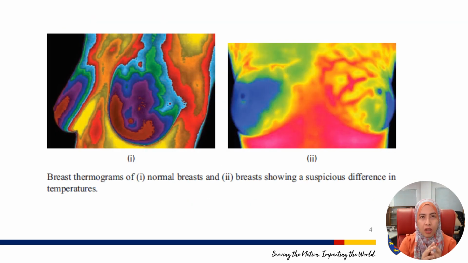And how is that relevant in medical image processing? This is an example of a breast thermogram. A breast thermogram means the image we capture using a thermal camera. We do have a lot of thermal cameras at hospitals. Some hospitals use them, and I think almost all airports have thermal cameras.